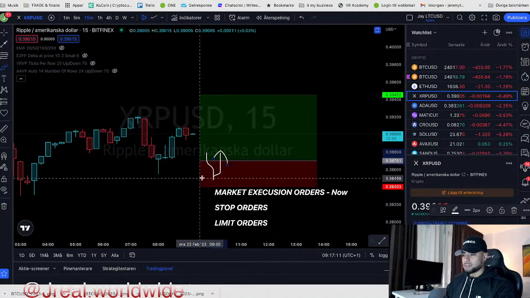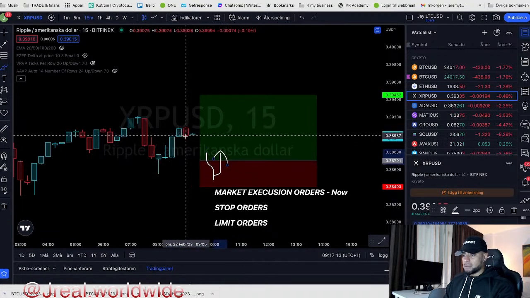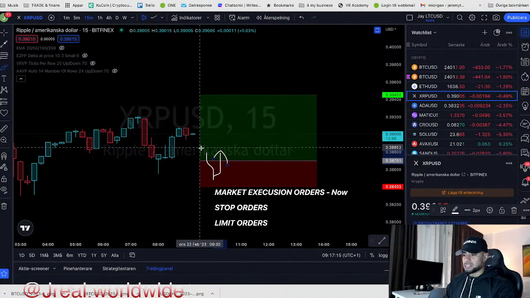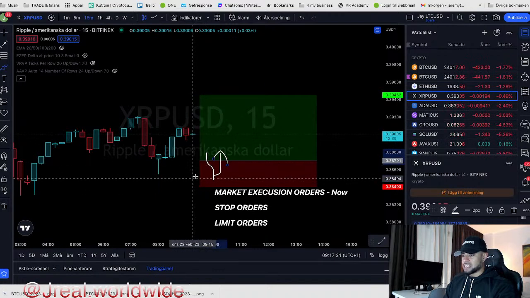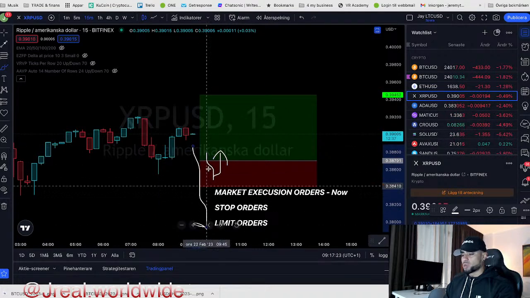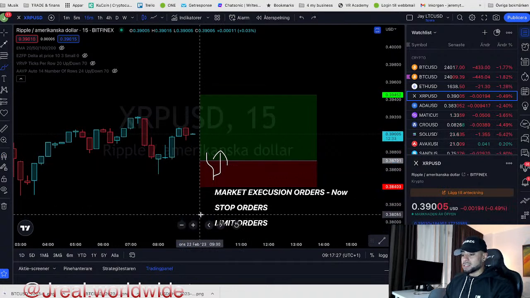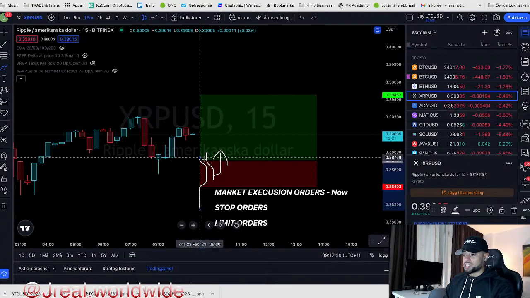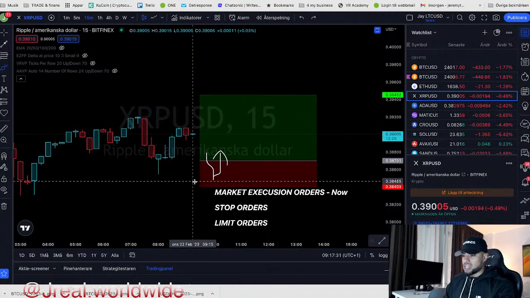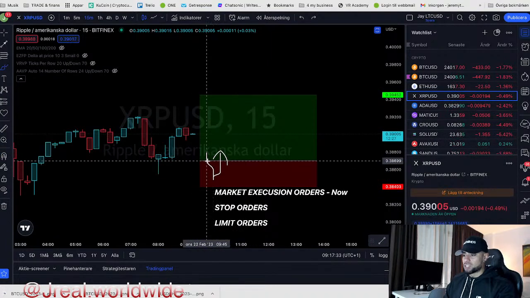So let's say this market retraces, it passes our entry zone, no worries, because it won't trigger it. Let's say it's coming all the way down here. Nothing will happen with our limit order until it moves in this direction and passes.